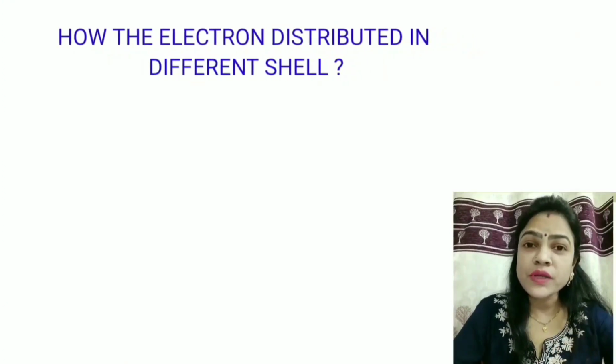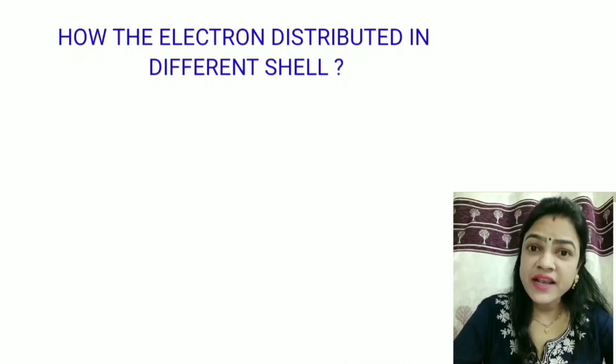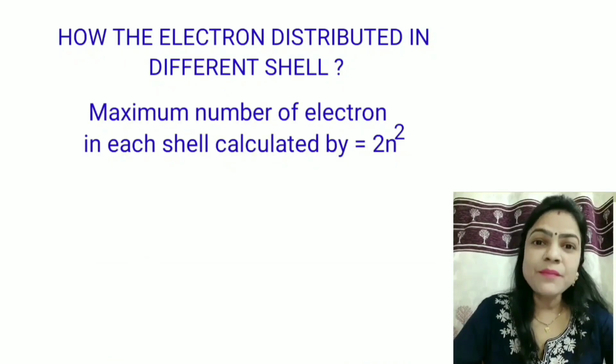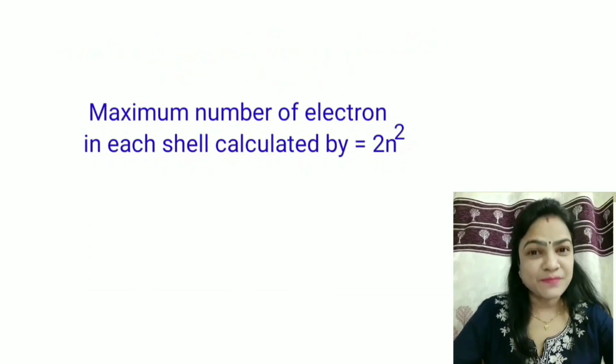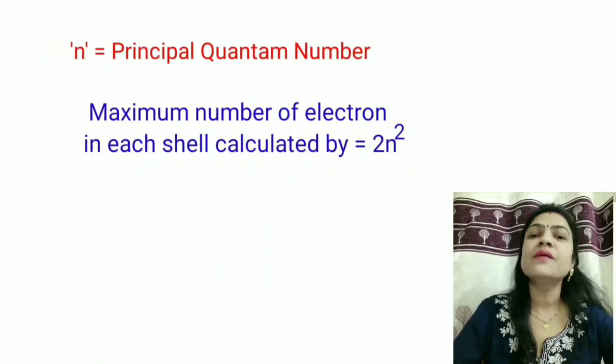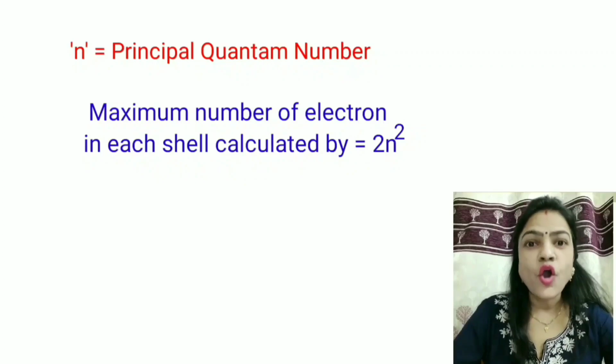Now, the next question arises: how are electrons distributed in different energy levels in different shells? The answer is that the maximum number of electrons in each shell is calculated by 2n², where n is the principal quantum number or number of the shell.